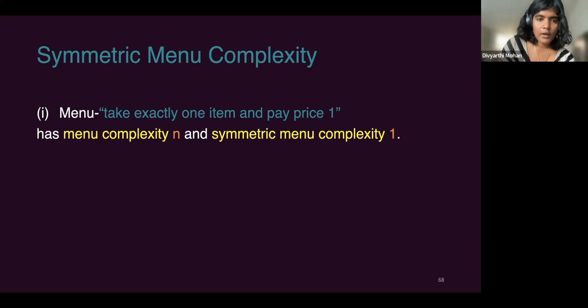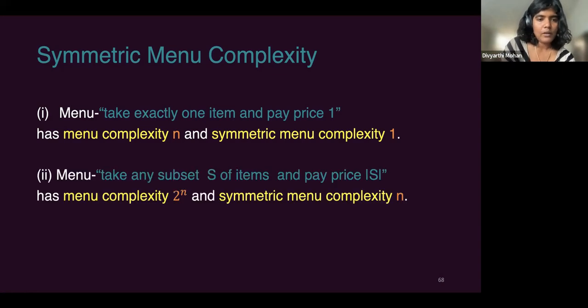Here is another example where the mechanism outputs all possible subsets of items, and the price of each subset is just the size of the subset, the number of items in the subset.